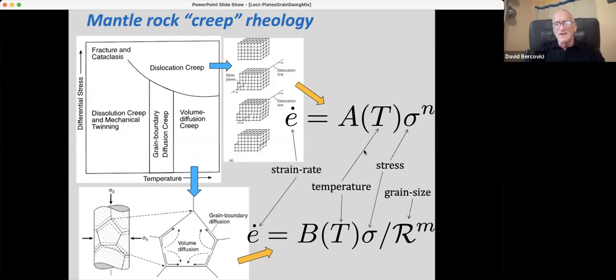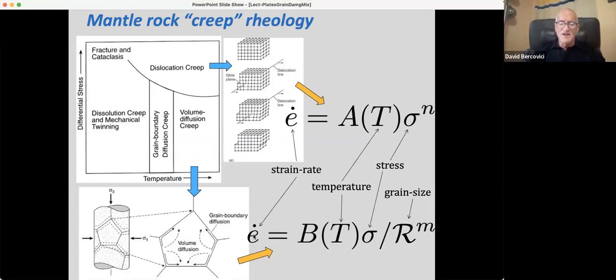And when it comes to dislocation creep, because how dislocations move and how their densities form are functions of stress, and the velocity is a function of stress, they all come together to show that the strain rate is a nonlinear function of stress. This n is typically something like 3, 3.5.